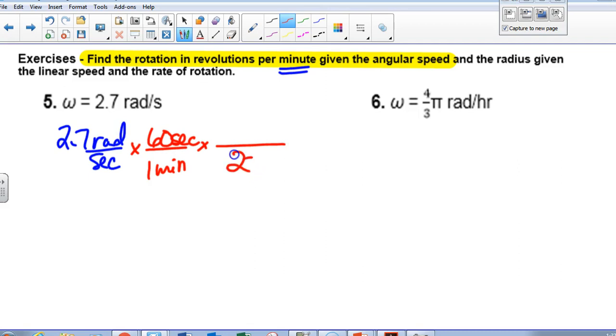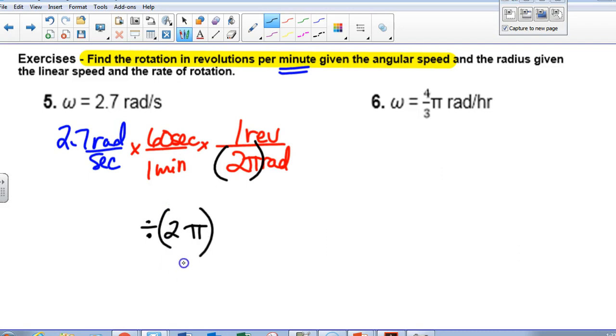I need the 2 pi radians to cancel because they want me to have revolutions. You will get this wrong every time when you divide by that 2 pi unless you put it in parentheses. Because if I type divided by 2 times pi, it's only going to divide by the 2, and then it's going to multiply by the pi, right? If you want to divide by both the 2 and the pi, you need parentheses.